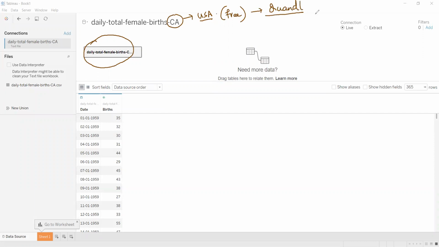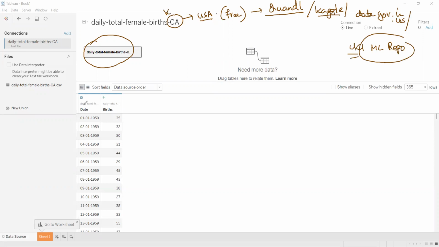There are websites like Quandl, Kaggle, data.gov.in or .us, and the UCI Machine Learning Repository. These are the places from where you will get data sets similar to this, which are already prepared for you. You have the date, this is day level granularity, by the way, and you have the number of female births. This is the data set.